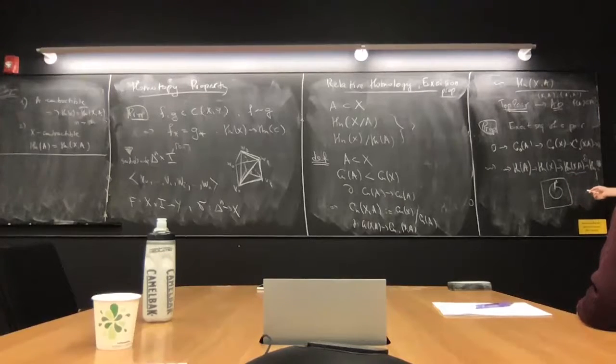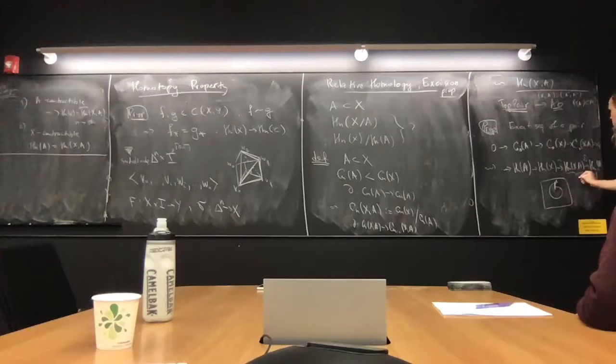That's the idea. So how can we do this? Well, cycles relative to A are in particular chains in X, although not cycles.